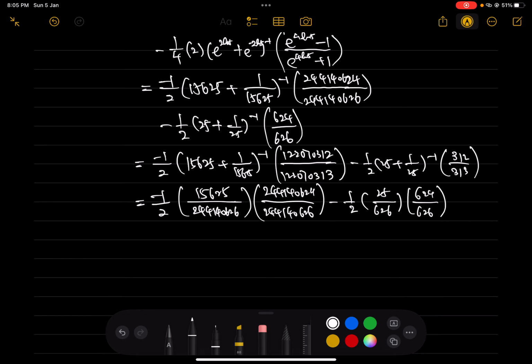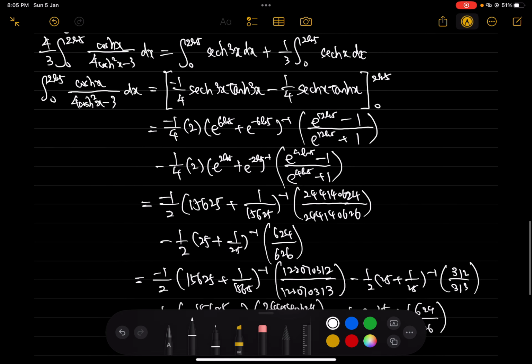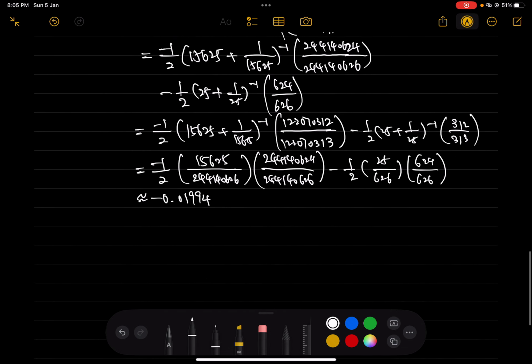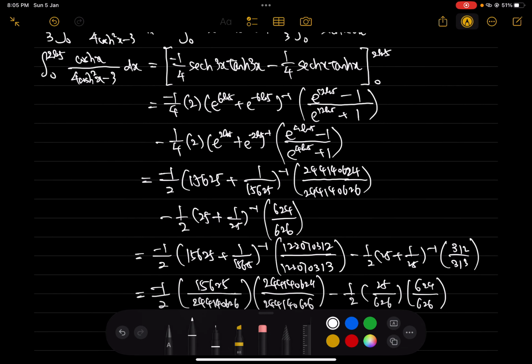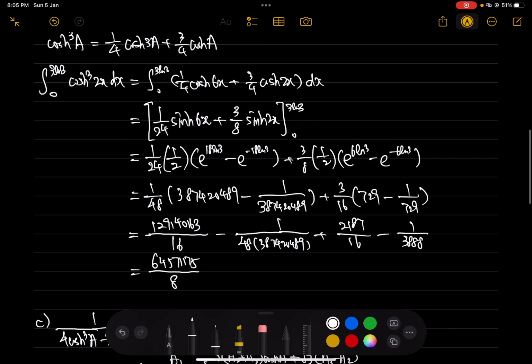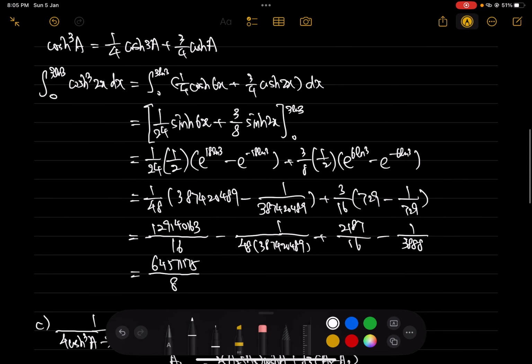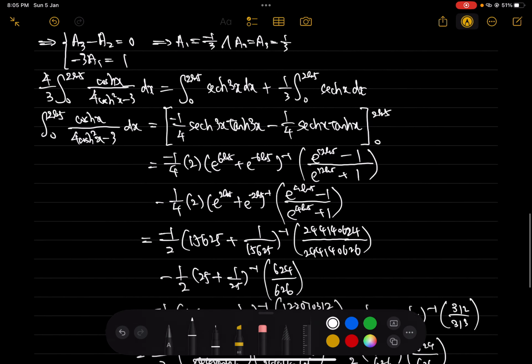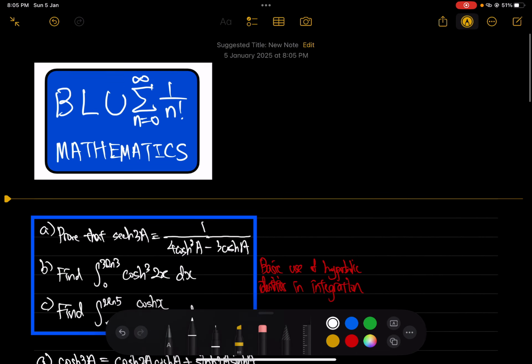So we'd have approximately this value, and that's it. It's just the calculations that look quite ugly, honestly, but other than that, it's nothing. So here we have the final answer, and hopefully you'd understand what I'm saying.